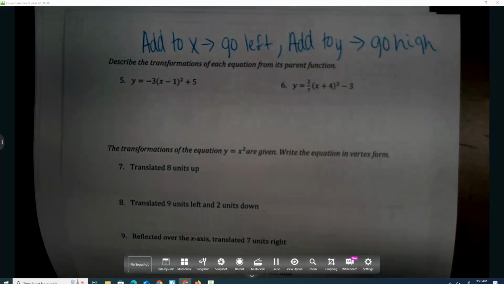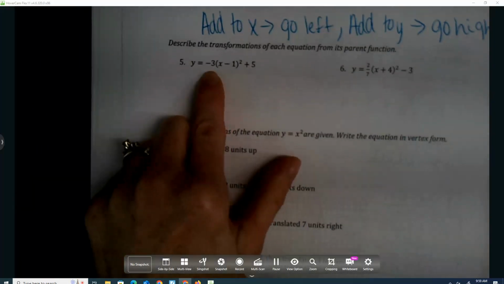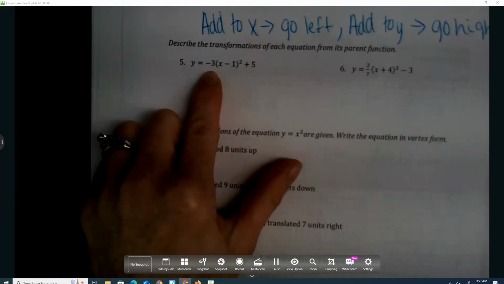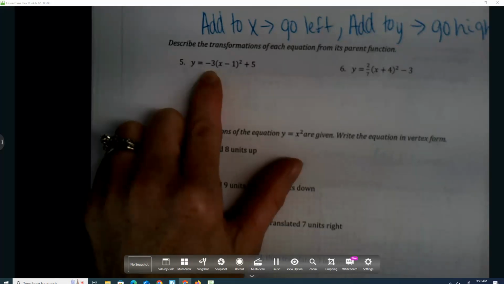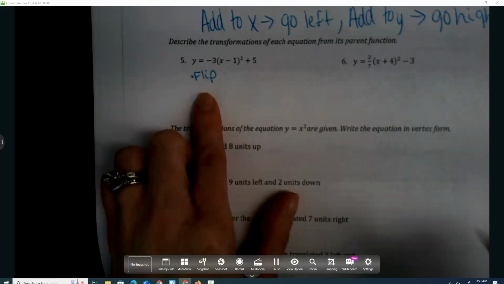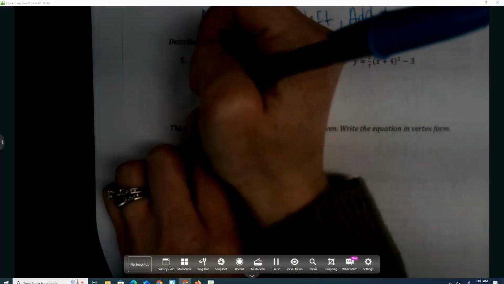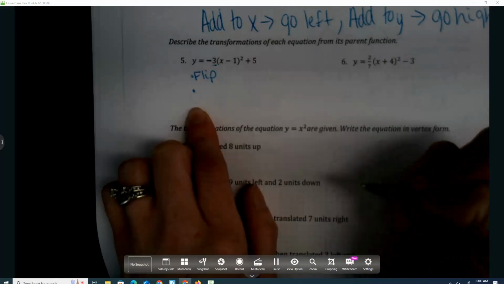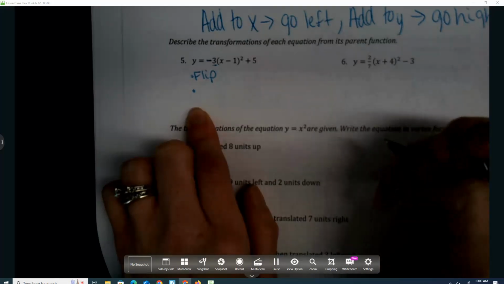So when I look at this one, what does the negative in front tell me? It will flip. Kale, you with me? Negatives flip. What does multiplying by 3 do? Stretch.